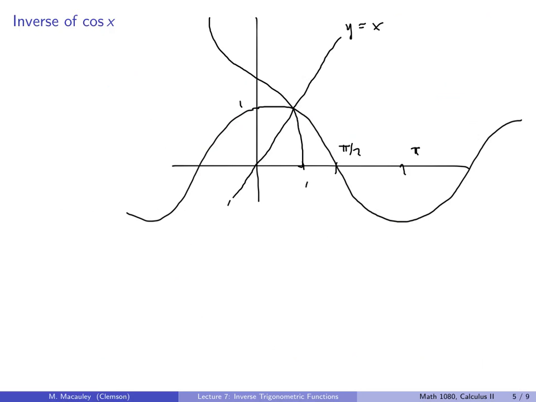I should say that our cosine function on the restricted domain is going to be on this blue domain right here. And then the inverse function is going to be on this piece, where this is going to be pi over 2 on the y-axis, and this is 1 down here.